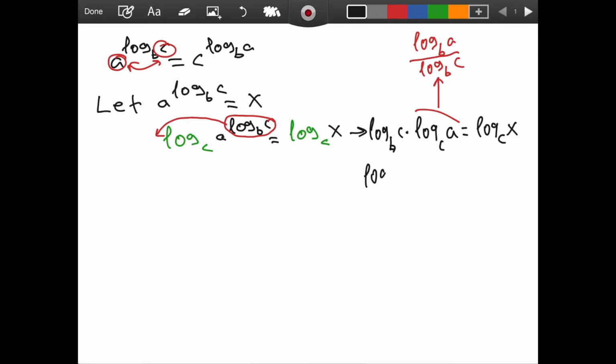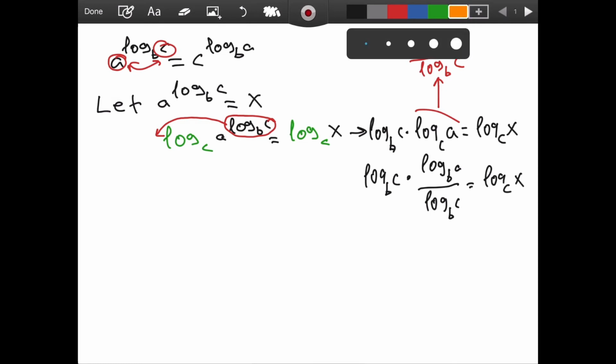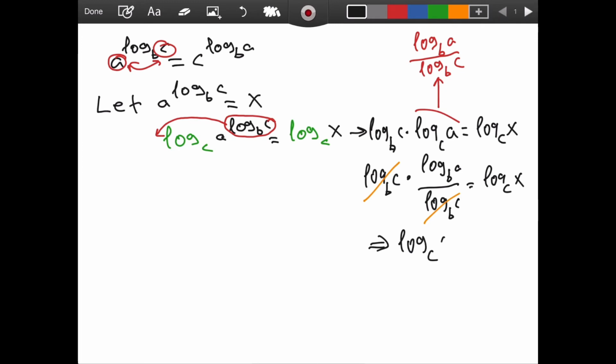And when we do that, what we see is, well, let's see what we'll see. Great. And would you look at this? Log base b of c cancels here. And we are left with, and if we swap the sides, we have log base c of x is equal to log base b of a.